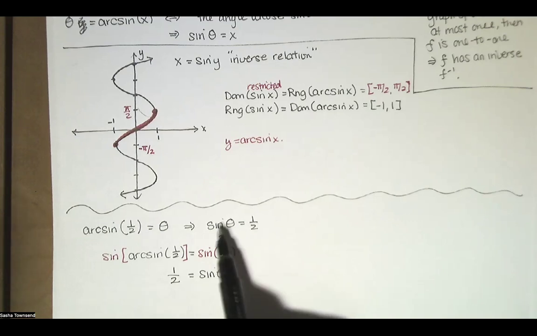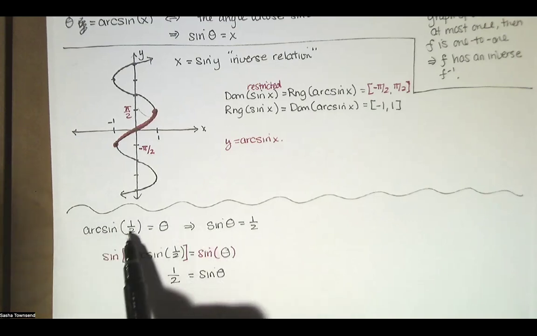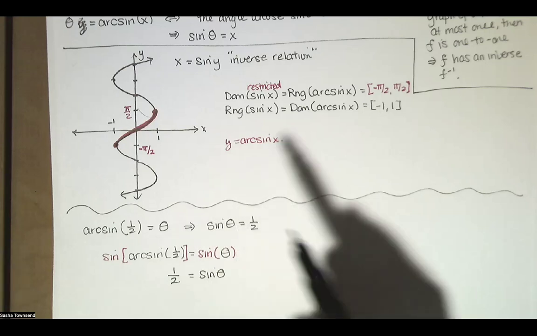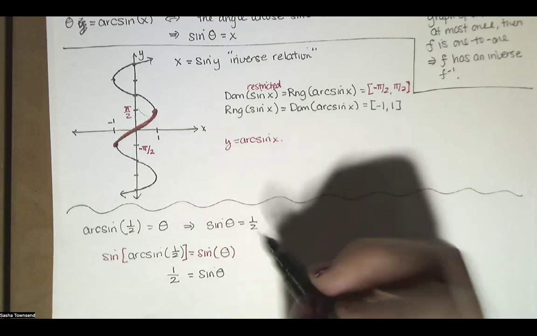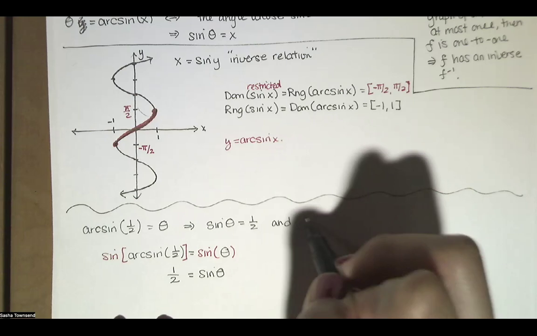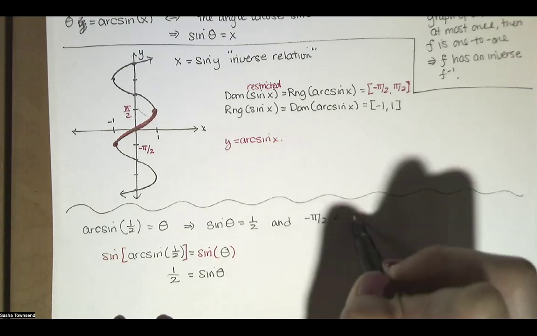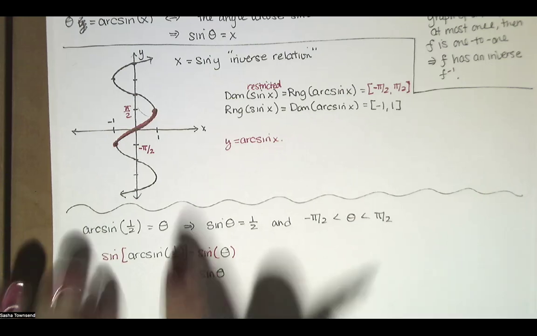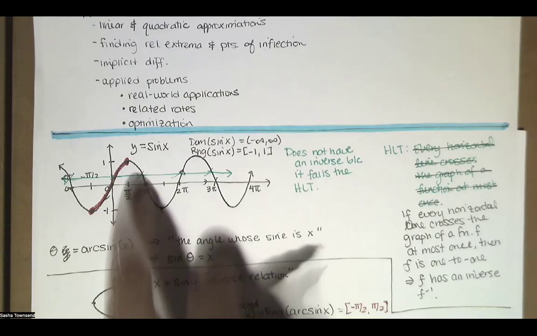So you have to remember, if I'm saying arc sine of 1/2 equals theta, what does theta have to be? Well, I want the angle whose sine is 1/2, and I want theta to lie between negative pi over 2 and pi over 2, because that was our restriction, because we chose to restrict ourselves to that interval from negative pi over 2 to pi over 2.